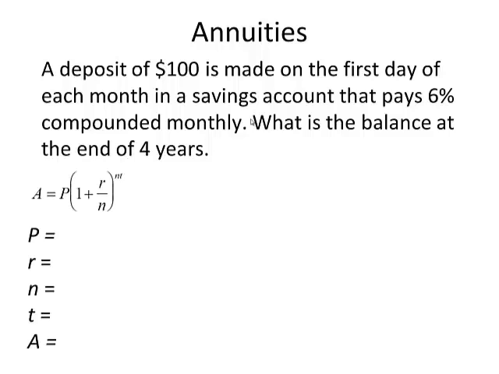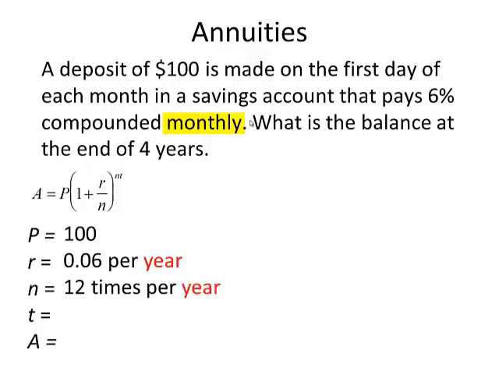So setting this up, the principal is 100, R is 0.06 per year, N is 12 times per year, and T is 4 years, and A is what you're trying to find.